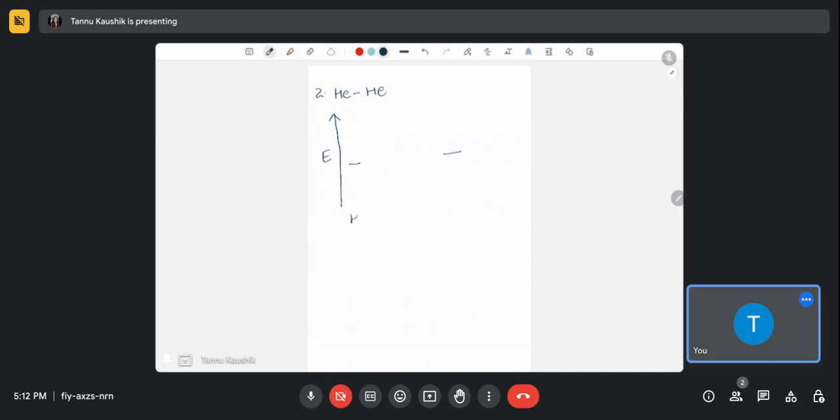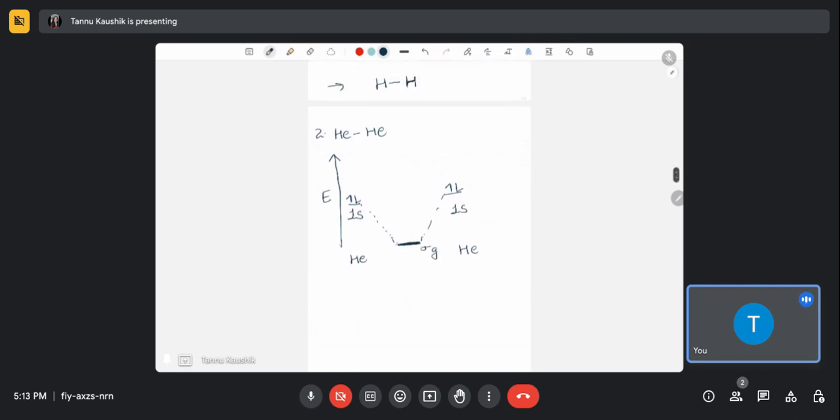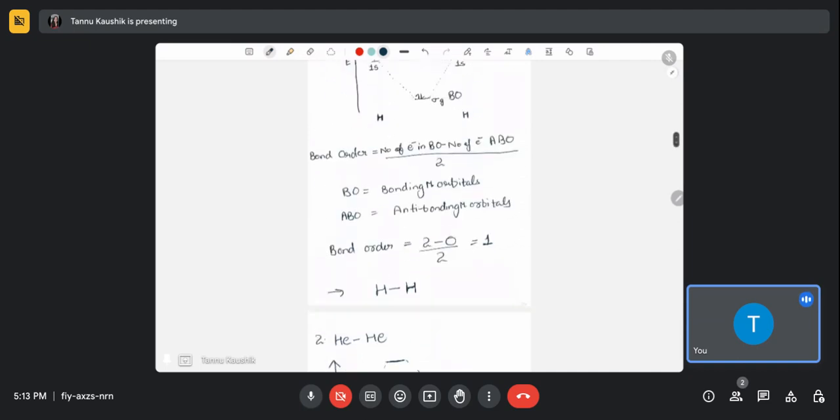So this is the helium atom, and we have two electrons in the 1s orbital. Now these two atomic orbitals will overlap to form the bonding molecular orbital sigma g and the anti-bonding molecular orbital sigma u star.